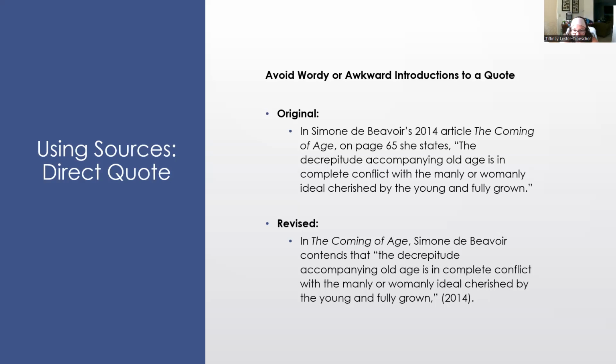And if I want to see who said it in what article, on what page, I can go to your reference entry and find it. You don't have to create these super long, awkward, wordy signals that cram in all of the source information before you actually get to the source information, right? Remember what your citations are there for. Okay.